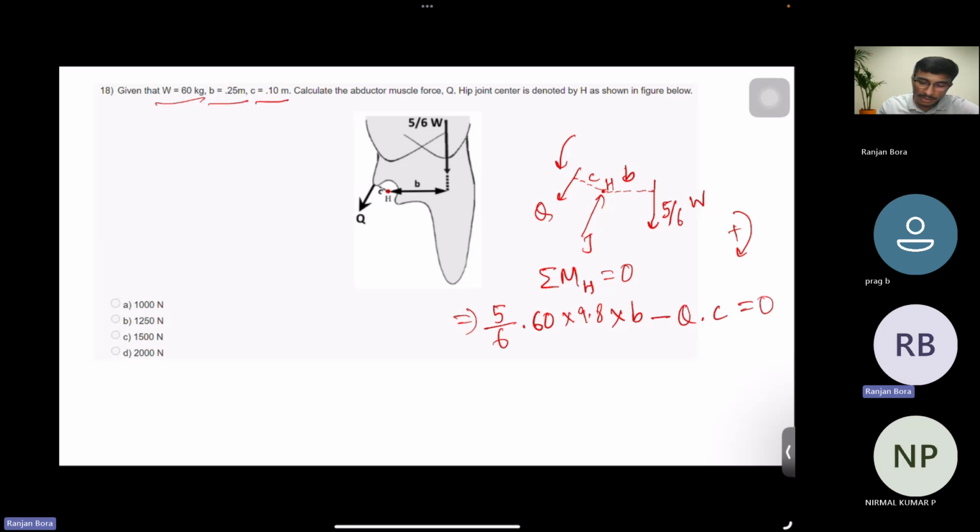We are not getting any moment because of this J, because J is acting at that point only, about which we are taking the moment H. From this, we'll get Q equal to 5/6 into 60 into 9.8 into 0.25 divided by C, C is given 0.1.